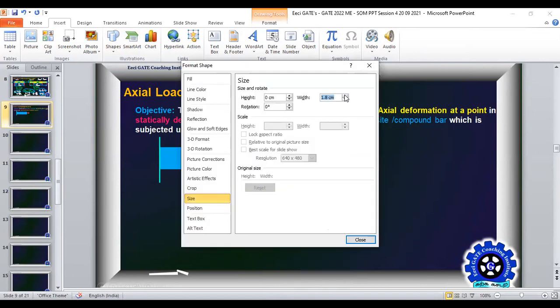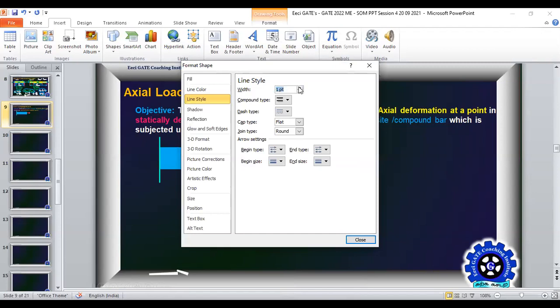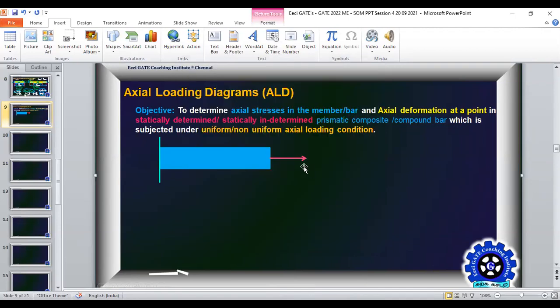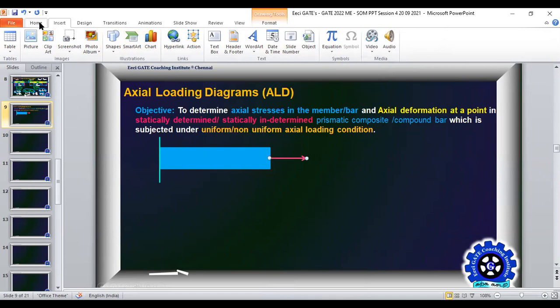It will be P. The load P is acting here. Now draw this figure first, then I will explain.